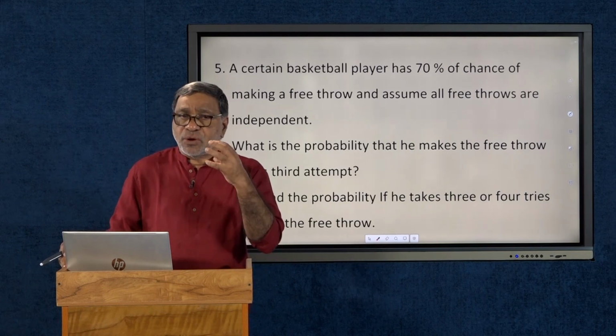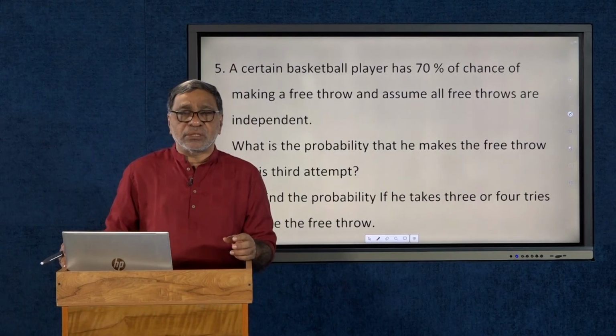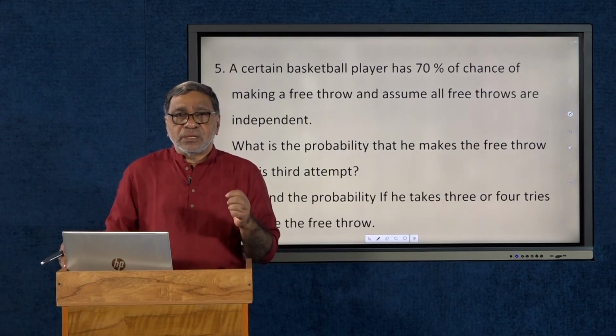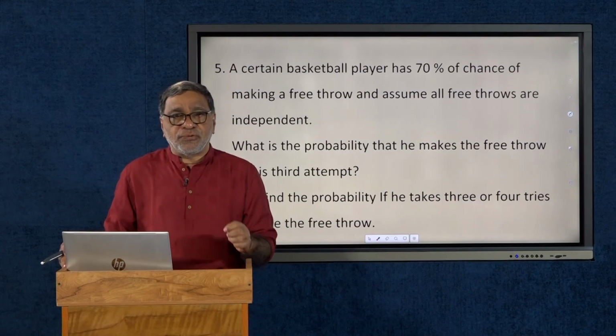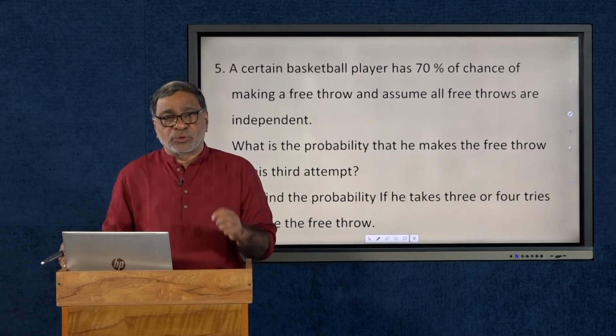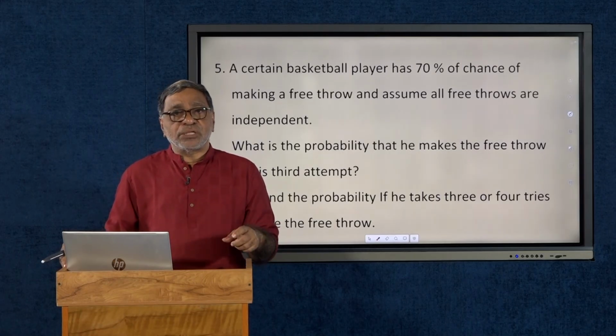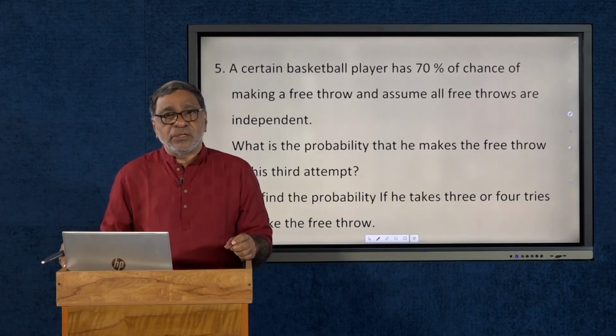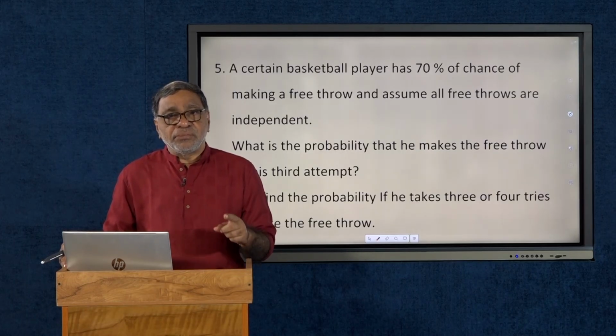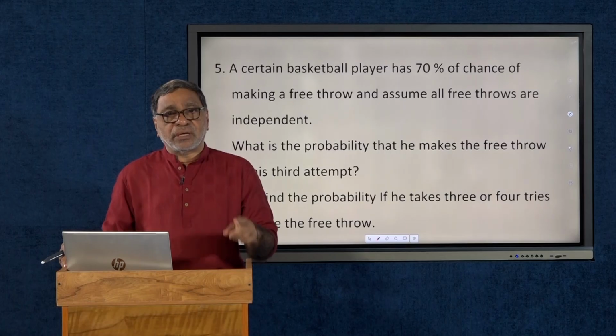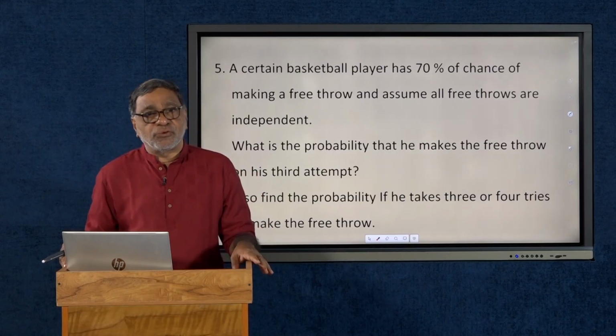So first of all, you identify the random variable. What is the random variable? Suppose you are defining X as the number of free throws required for a basketball player in order to make that throw correct, to make the attempt fruitful.